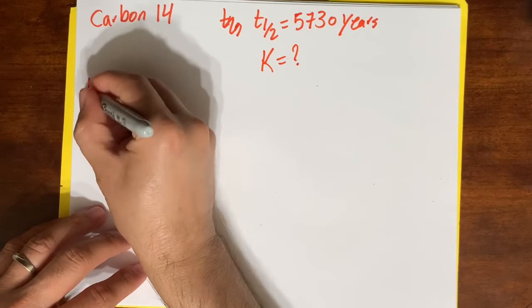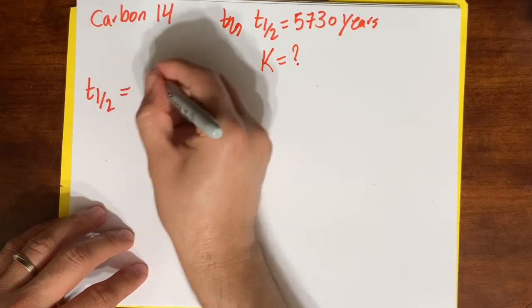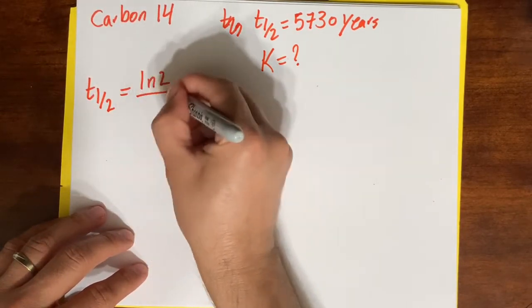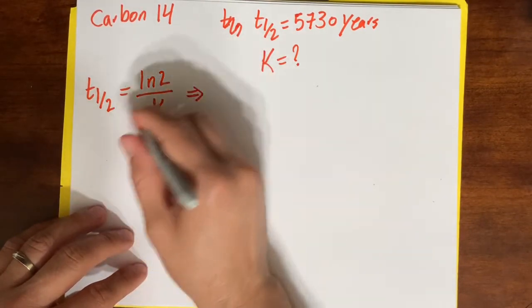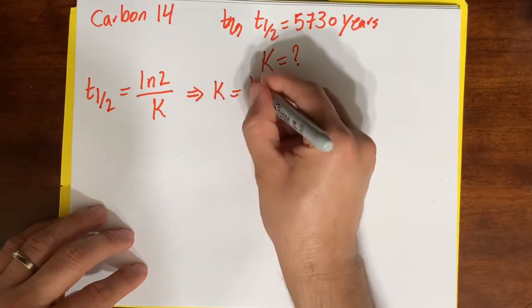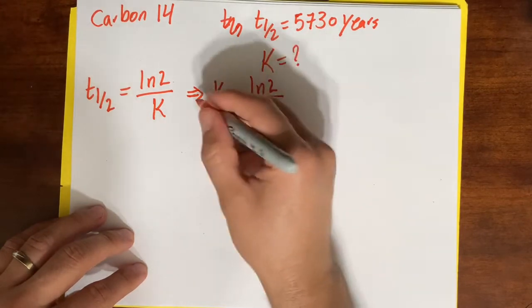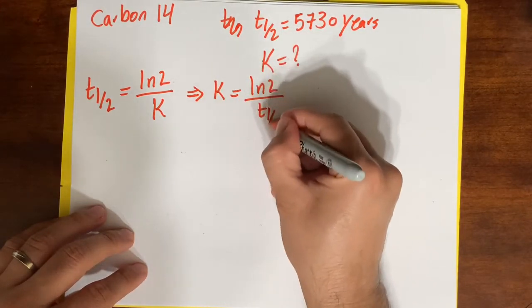So we get t half-life equal to ln of 2 divided by k. So k is going to be equal to ln of 2 divided by t half-life.